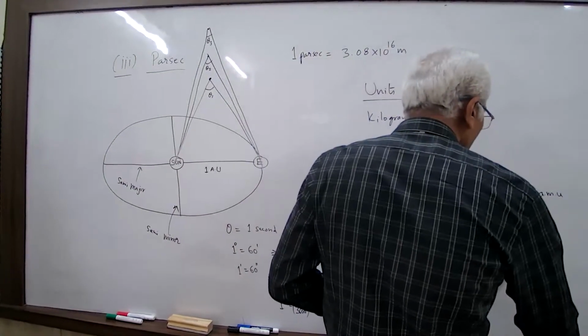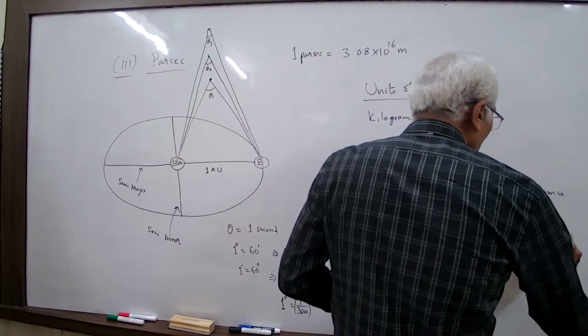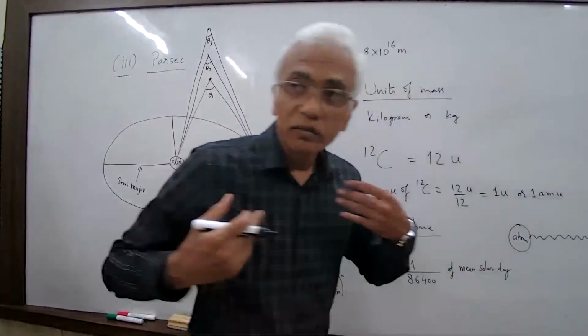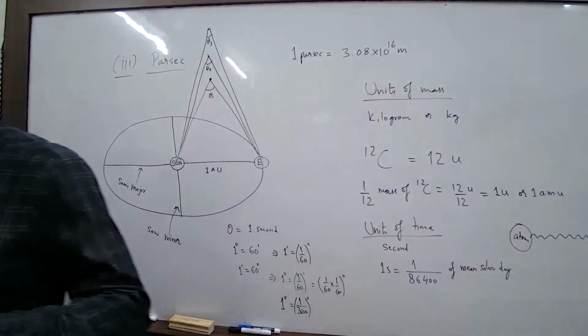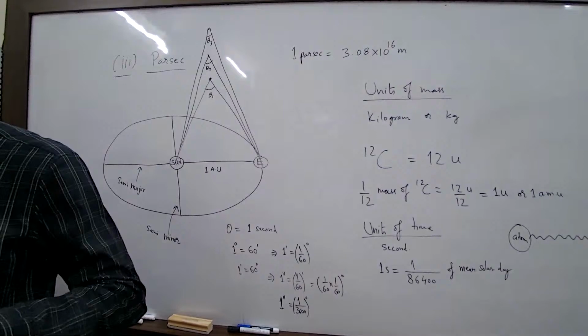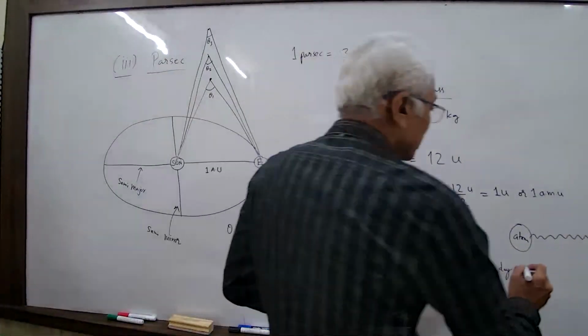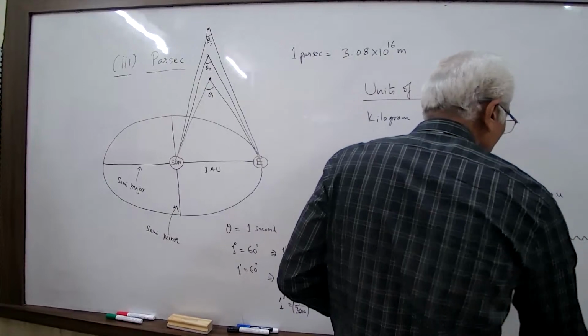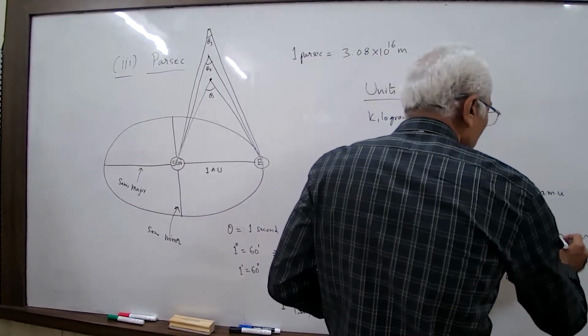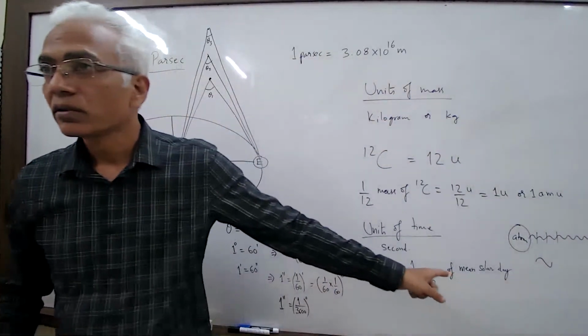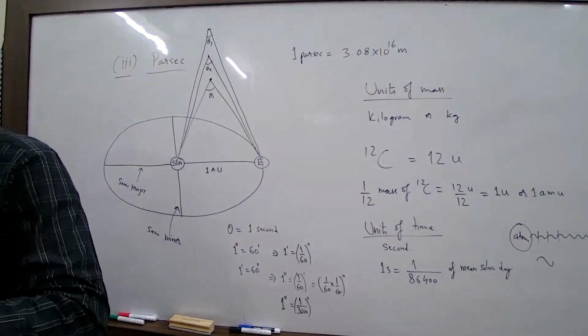Every atom, every substance emits radiations, okay? Every substance has a characteristic property. Now, this is called one vibration. Can you see this? So this is called one vibration or cycle.